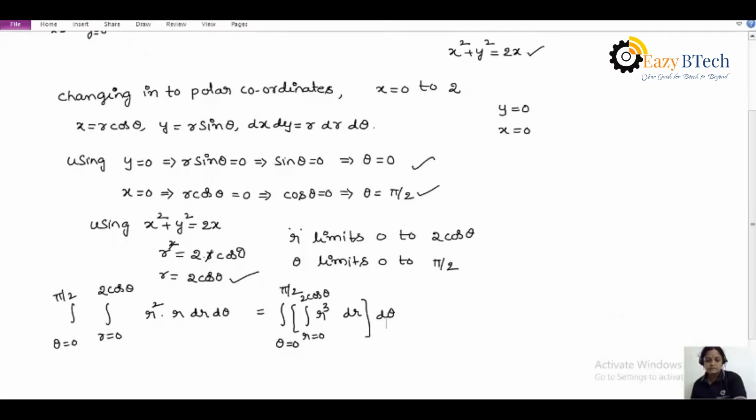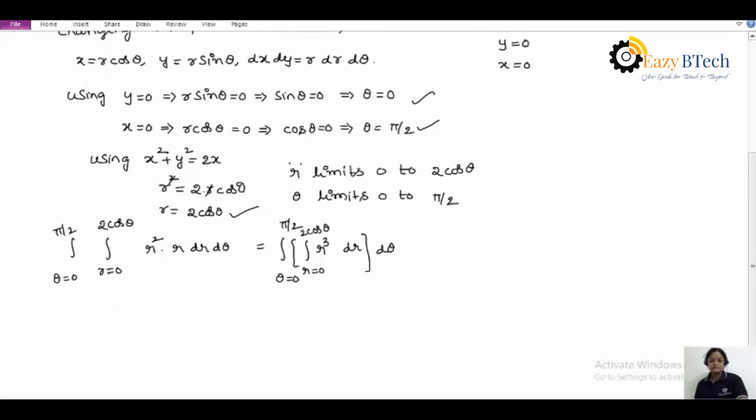You are doing integration with respect to r here. Then integral theta is equal to 0 to pi by 2, r cubed integration is r power 4 by 4, from 0 to 2 cos theta, d theta. Integral theta is equal to 0 to pi by 2, 1 by 4 common.